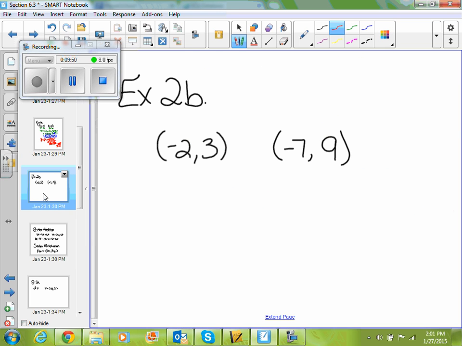Okay, let's do another one like that. So I'm given an initial point of -2, 3, and a terminal point of -7, 9. Okay, well this will be P1, P2, Q1, Q2.